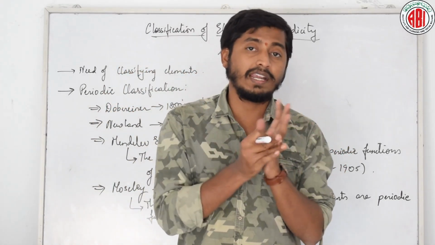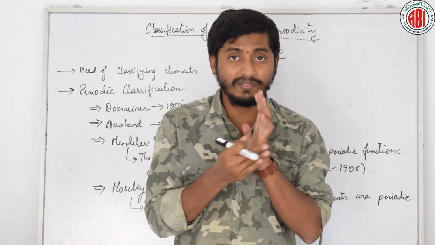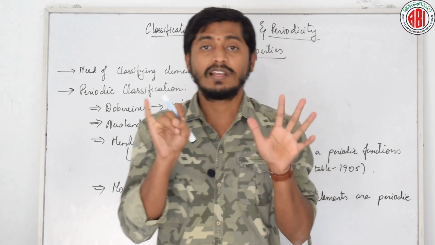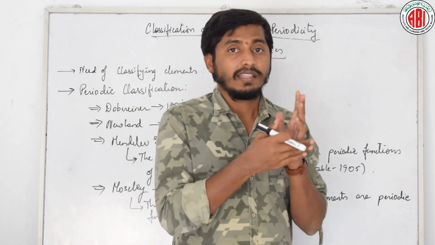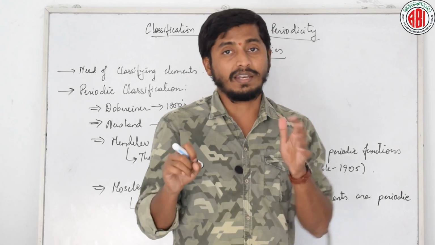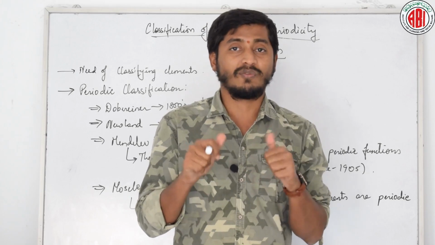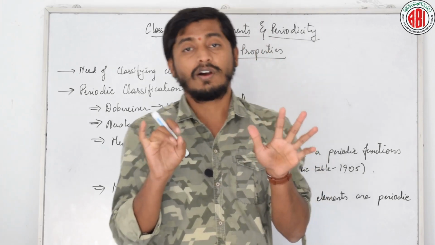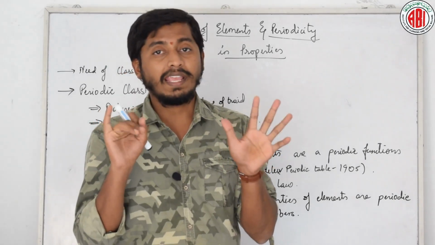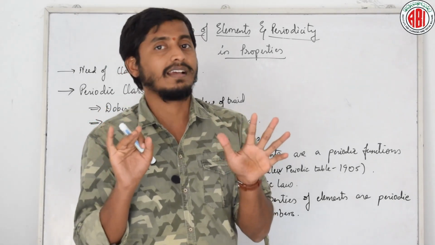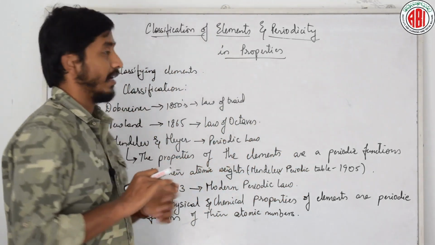After these 8 elements, the next element will be the 9th, right? This 9th element will have properties similar to this first element, right? Again after 9, we go to the 17th element: 1, 9, 17. These kinds of elements have similar properties. Why? Because it is repeating, or this periodic property is similar after 8 elements. Is it clear? That is also one of the most important statements of Newlands.